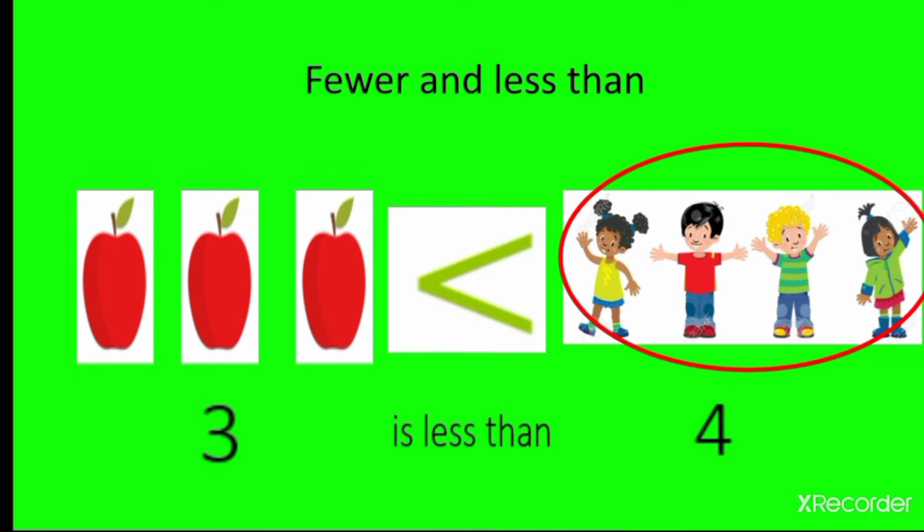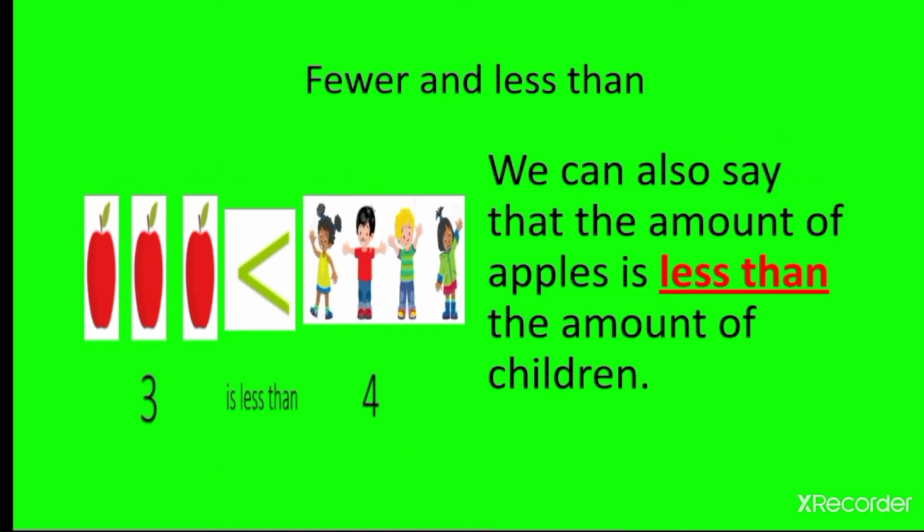So you can also say that the amount of apples is less than the amount of children. 3 is smaller than 4.